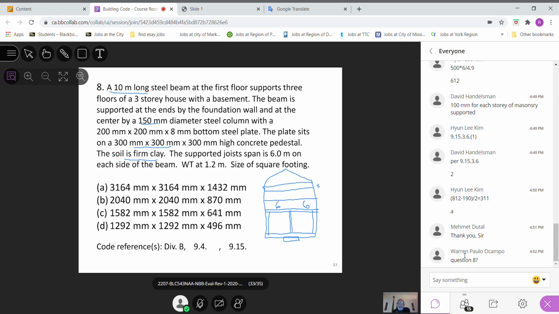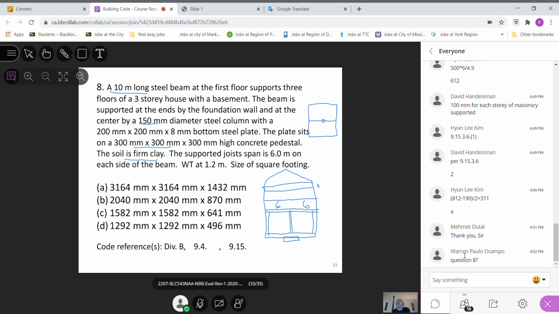And the column in the basement. Look at the plan. 10 meters. I have here a column in the middle.